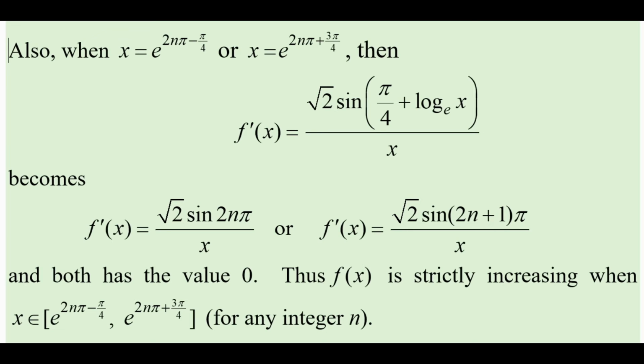And both have the value 0. Thus, f of x is strictly increasing when x lies in the closed interval e raised to 2n pi minus pi by 4 comma e raised to 2n pi plus 3 pi by 4, for any integer n.